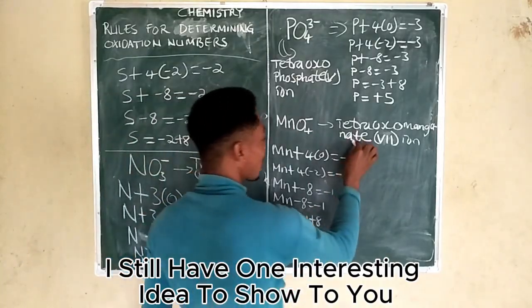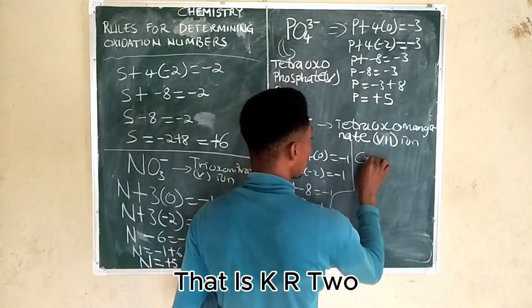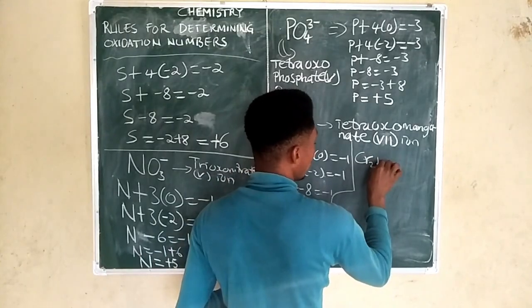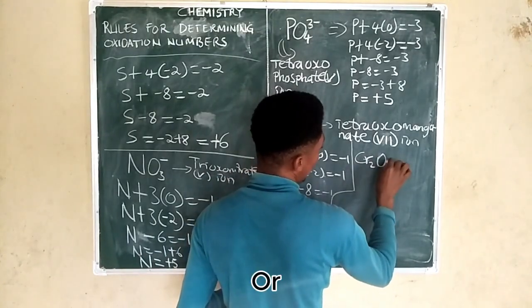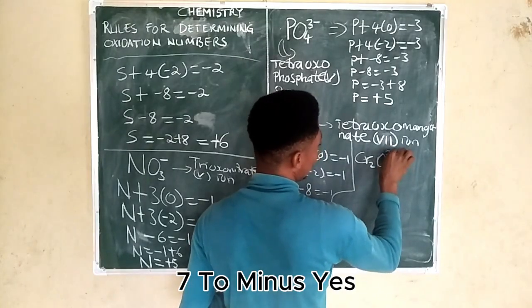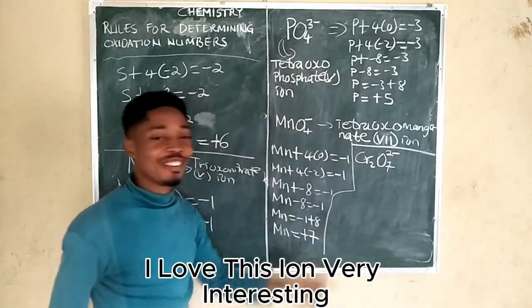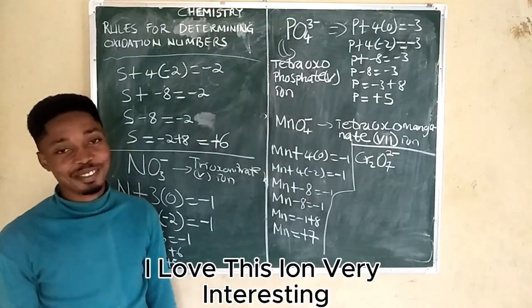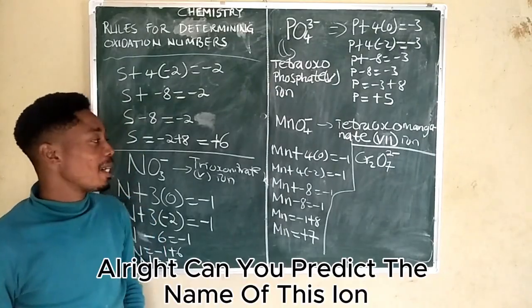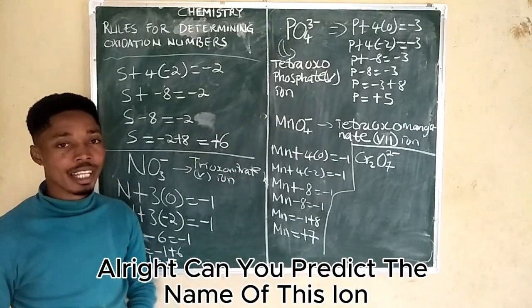I still have one interesting ion to show to you. That is Cr2O7 2 minus. Yes, I love this ion. Very interesting. All right. Can you predict the name of this ion?